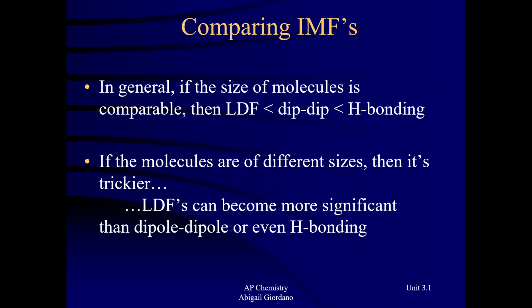So you have to be real careful in looking at the size of the molecule. Typically though, guys, if it is that second bullet point, if they are different, you won't be expected to predict which one has the higher boiling point. Typically they will show you which one has the higher boiling point, and you have to explain why.